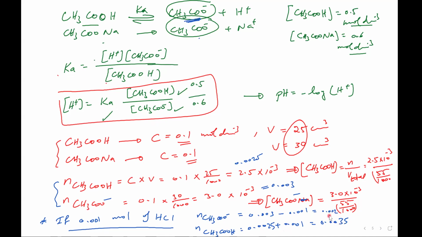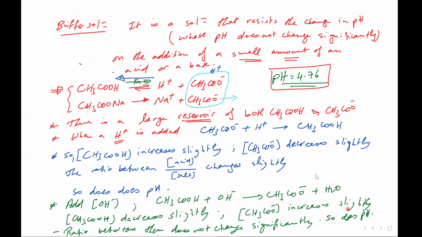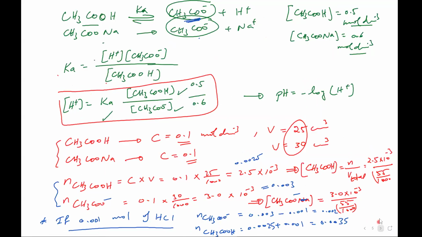Then you take these two values and substitute to get the concentrations. Of course, you will not add the volume of HCl added, as if its volume is not present. So you calculate the new concentrations and substitute here. You will see that the pH, which was 4.76, will be 4.74, for example, or 4.73 or 4.75, and it will not change significantly.